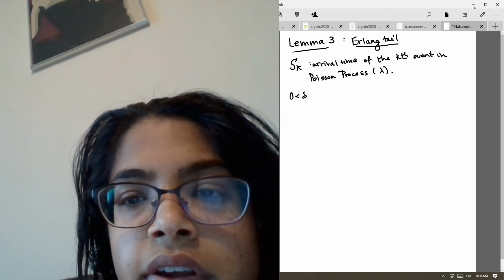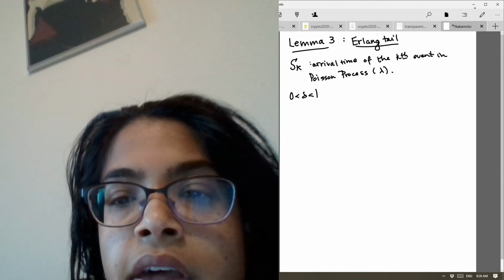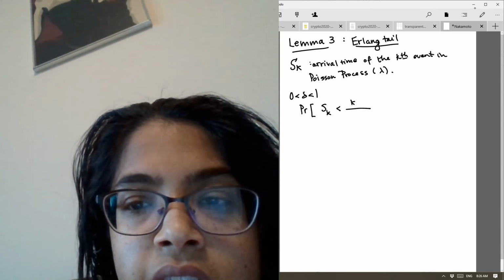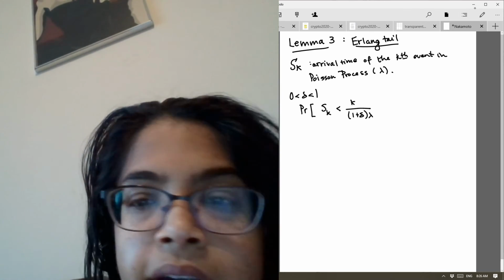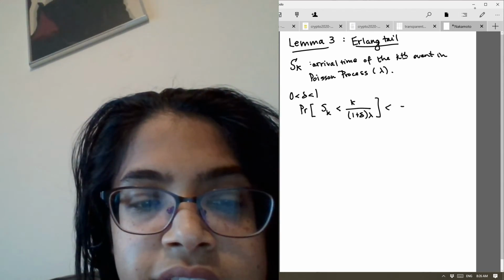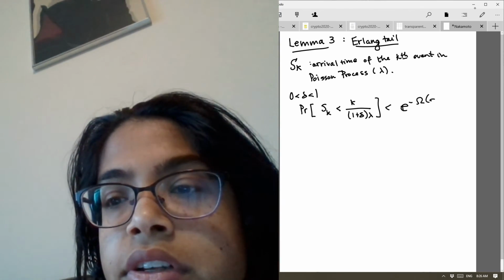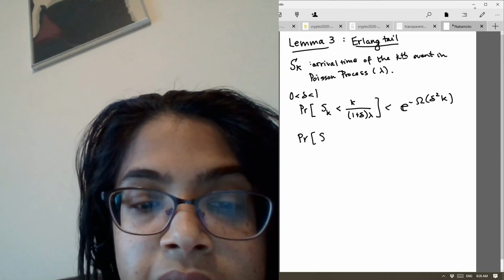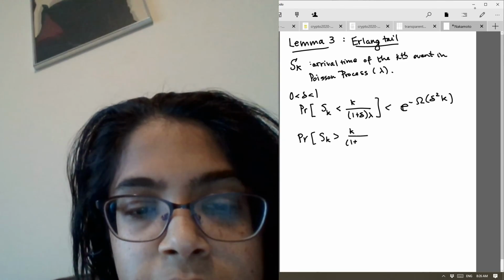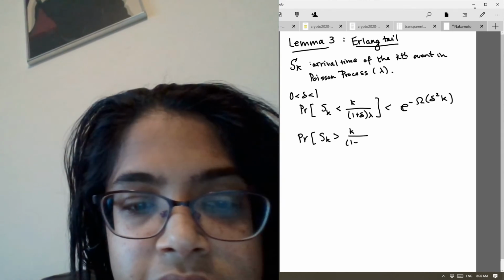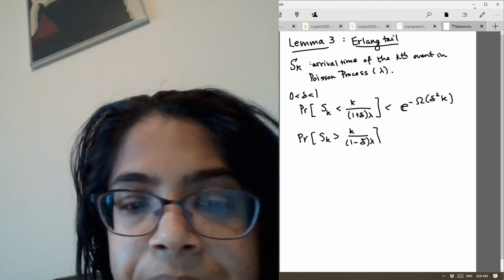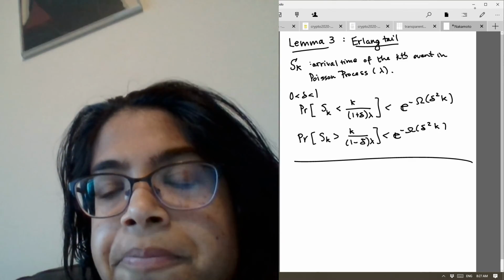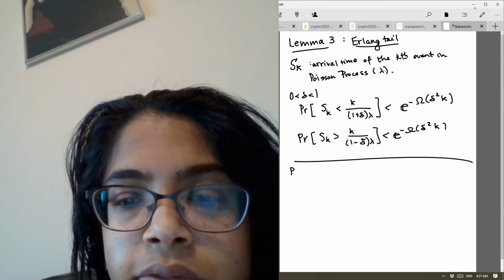Then you can say, again, for little delta between 0 and 1, the probability that S_k is less than k over 1 plus delta times lambda is less than e to the negative omega delta squared k. And similarly, the probability that S_k is greater than k over 1 minus delta times lambda is less than e to the negative omega delta squared k. Okay. And again, proof.